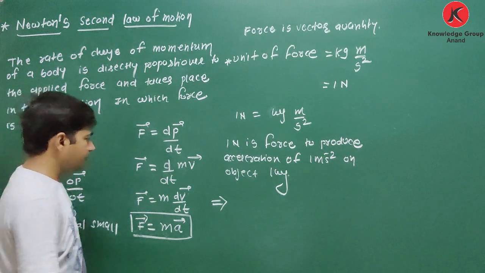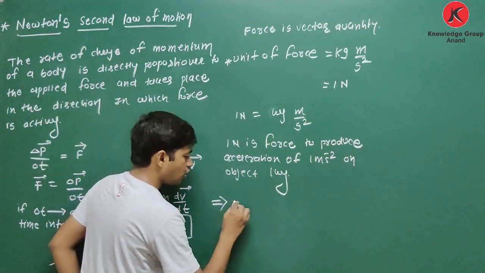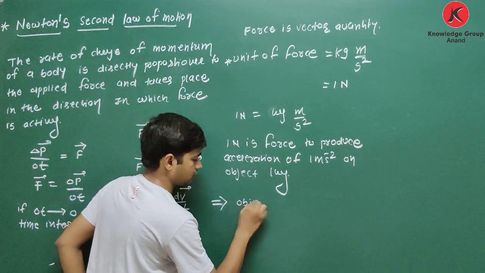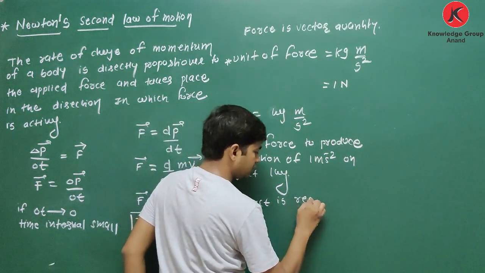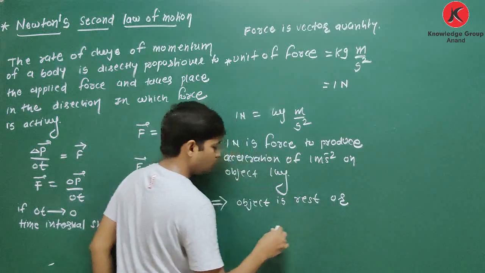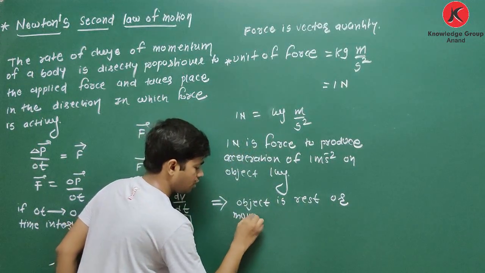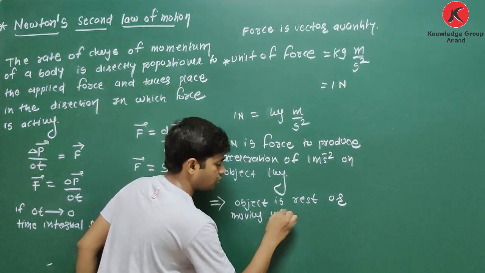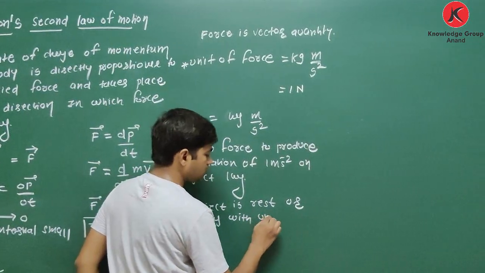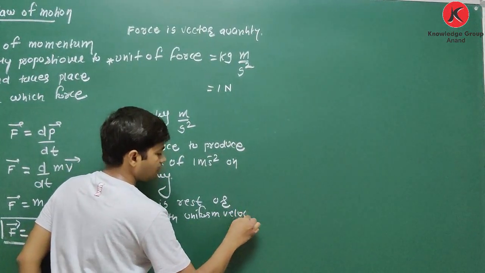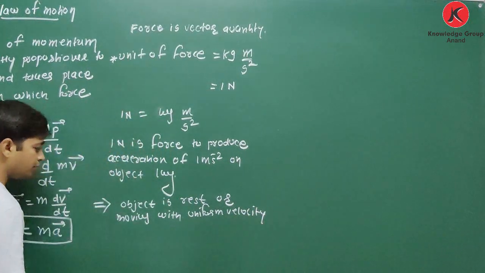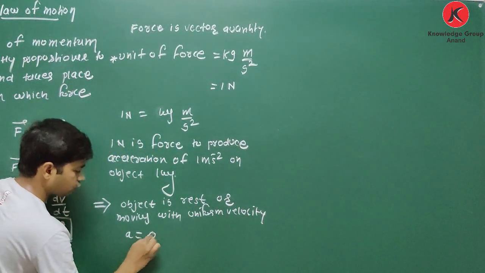If I say an object is at rest or moving with uniform speed or uniform velocity, then you know that acceleration is equal to 0.